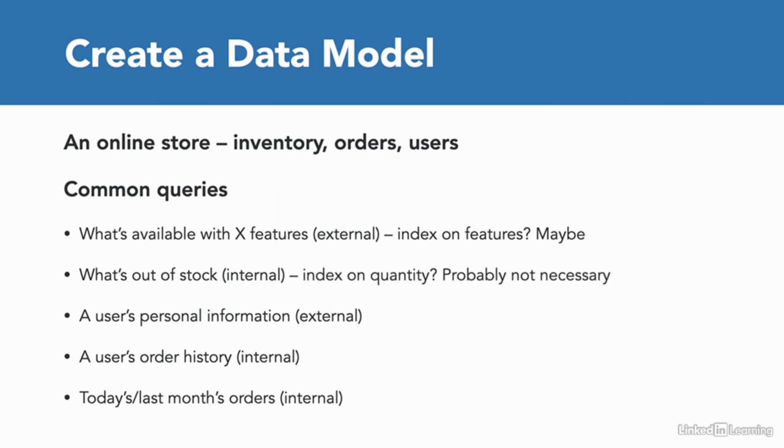The next thing that I'm being told is that there's going to be a common query on what's out of stock, and that's going to be an internal query. With the internal keyword, I am taking that to mean that we may not necessarily need an index, because if it's internal, I expect it to probably be run maybe once a day.